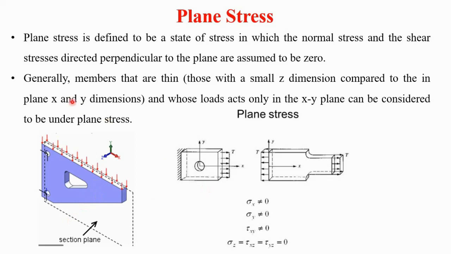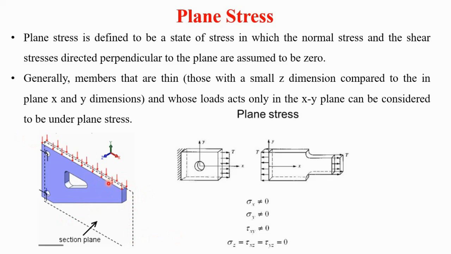Then generally, members that are thin, those with a small z dimension compared to the dimensions in x and y, and whose loads act only in the xy plane, can be considered to be under plane stress. So whenever there is a small member having a very small z dimension compared to x and y, here we can say this is the y and this is the x dimension, and this thickness is the z dimension of the member.